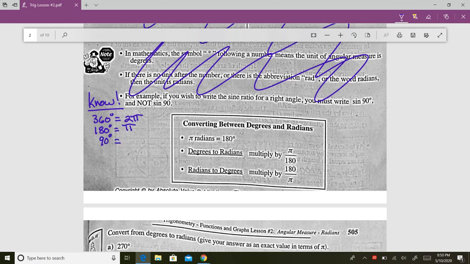That's 90 degrees. Well, just keep dividing by 2. 90 is 1/2 of 180, so 1/2 of pi is pi over 2. 45 degrees is half of 90. Pi over 2 divided by 2 is pi over 4.